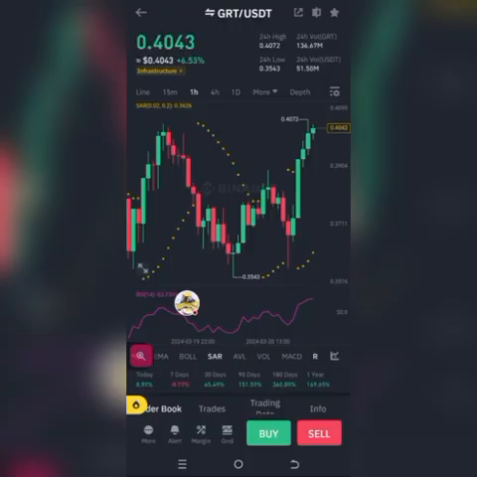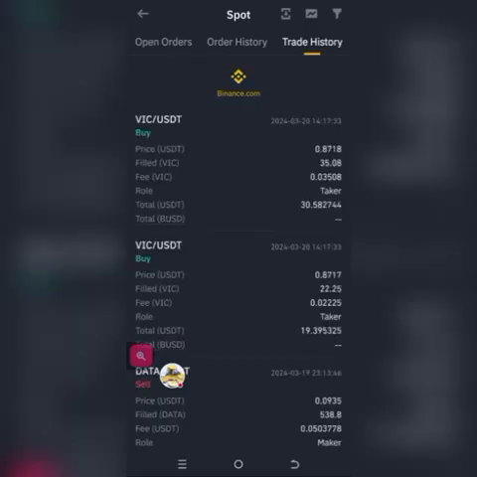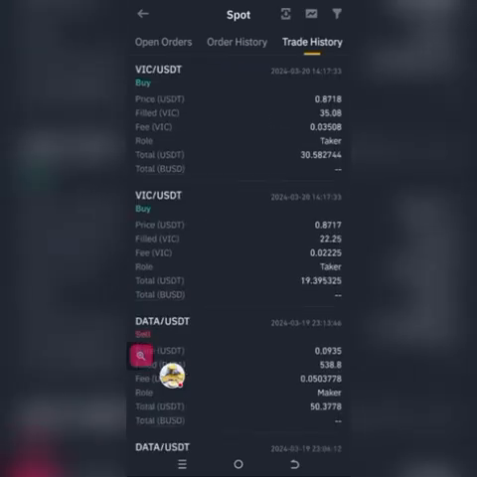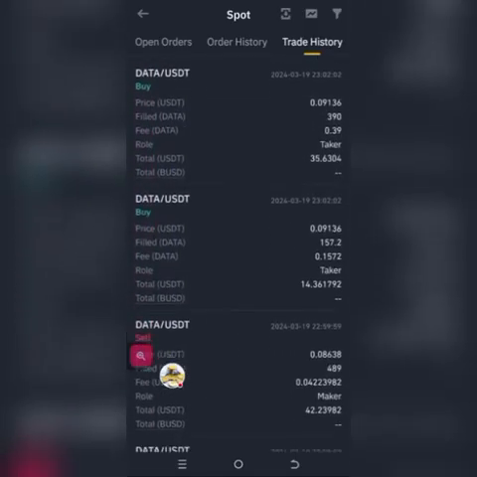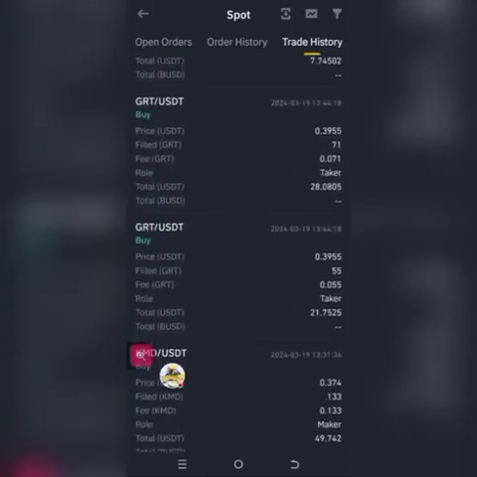So let me go into the main place and show you what has gone on. We have GRT that has executed, and that's beautiful. So let's quickly take a good look at all the parameters that we have to explain concerning the trade. First off, let's go into the trade history. I'm just checking how much we bought of GRT.